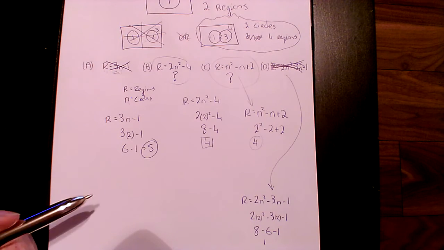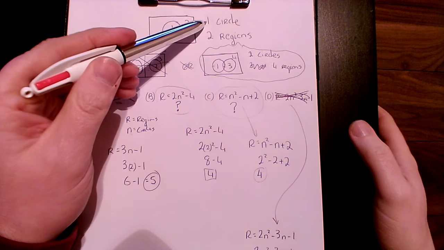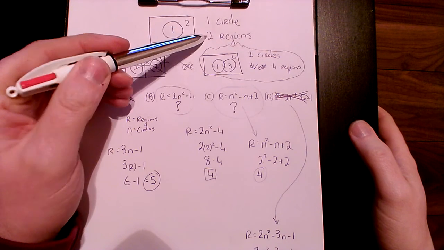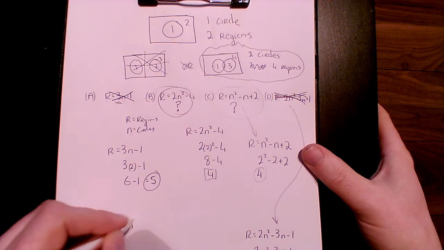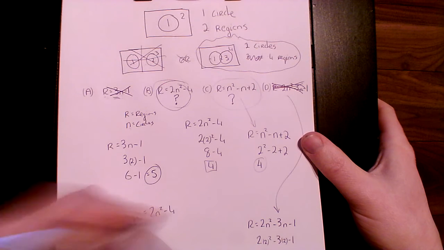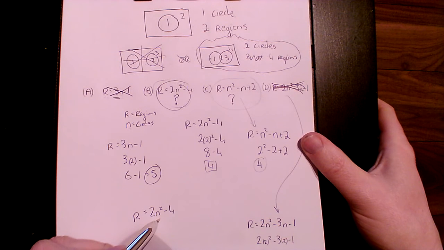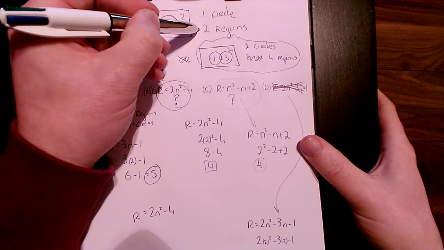So how do I know which one it is? Well, let's try this system. If I put in 1 for the circle, it should spit me out 2. Let's take this first. R equals 2n squared minus 4. If I put in 1 for the circle, it should spit me out 2.